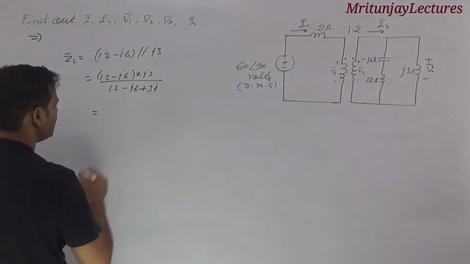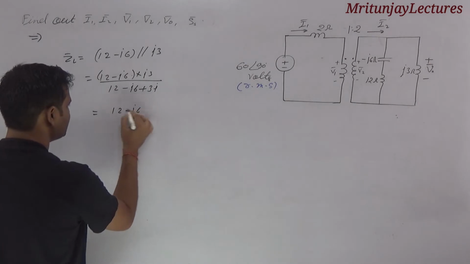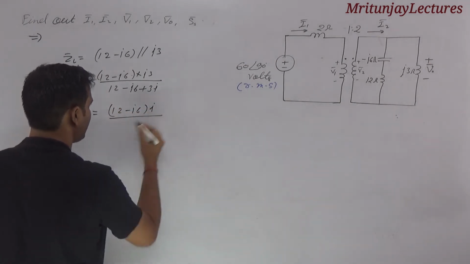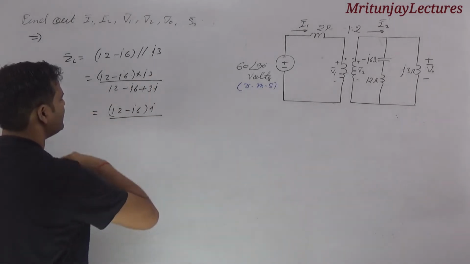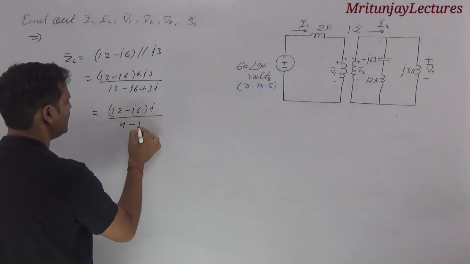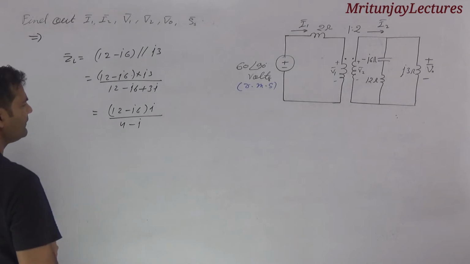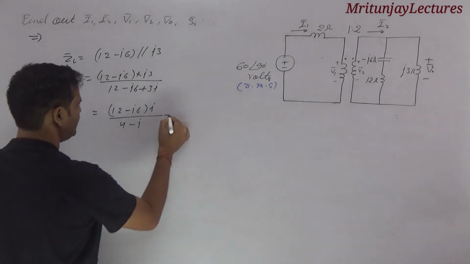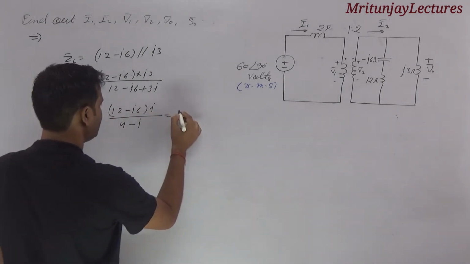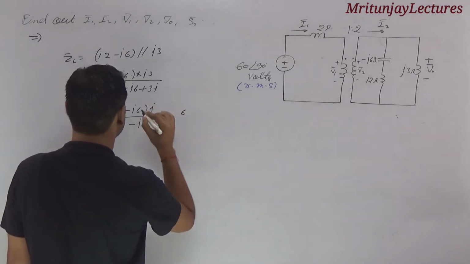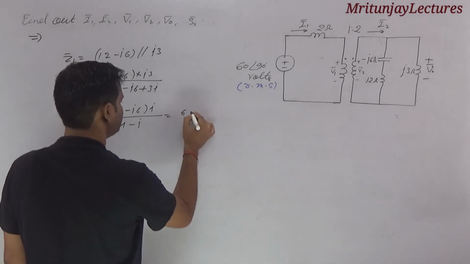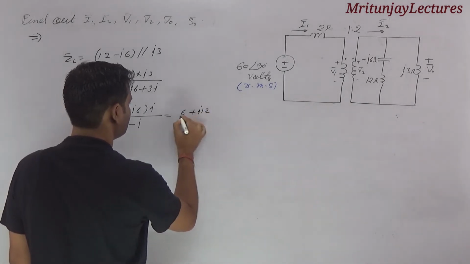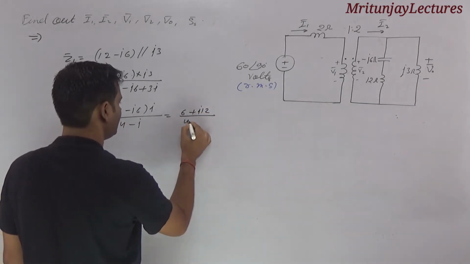Finally, that is (12 minus j6) into j3 divided by 3, that is 4 minus j. If you multiply here, then you get 6 plus j12 divided by 4 minus j.